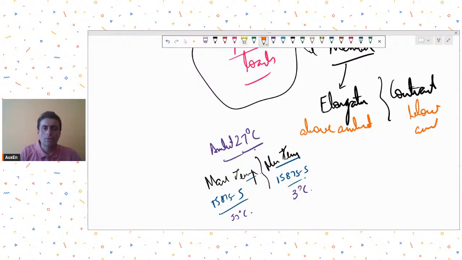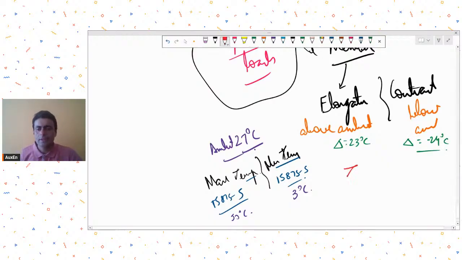Elongation will be caused due to a delta of 50 minus 27, so 23 degrees Celsius. Contraction will be caused due to a delta of minus 24 degrees Celsius. So you go to your software and make two temperature load cases. Let's say one is temperature above ambient, one is temperature below ambient.